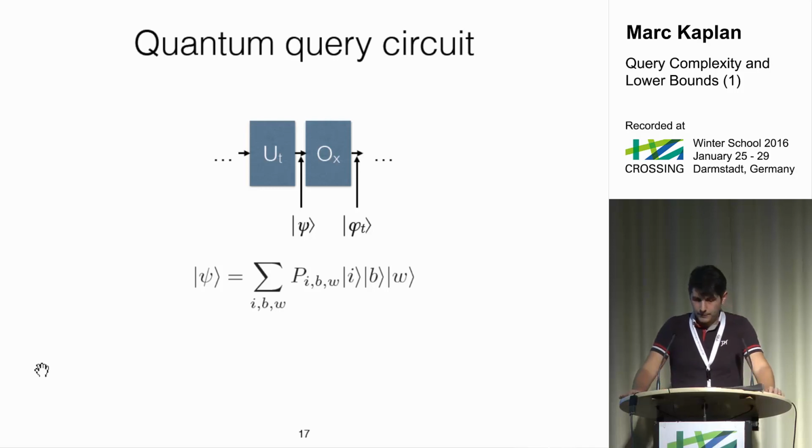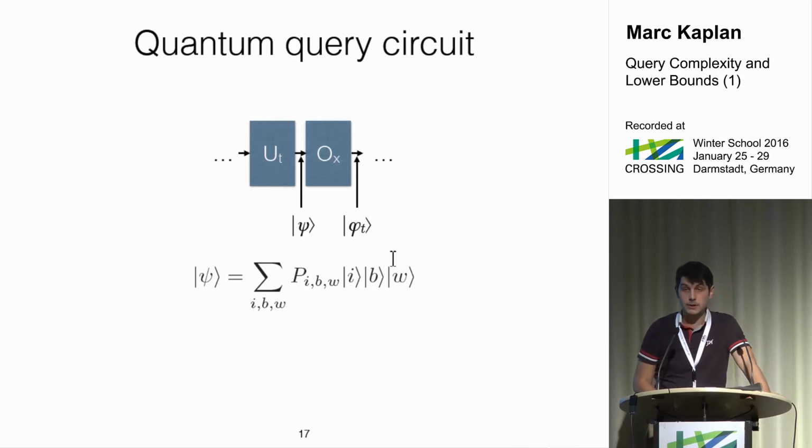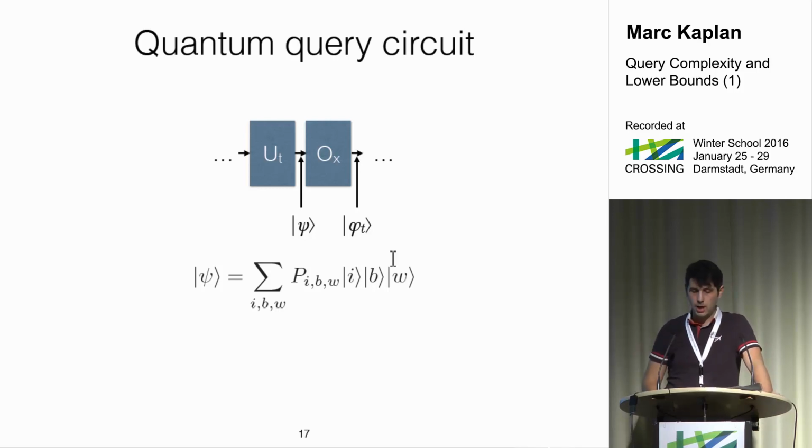Now if I zoom in on a small time step, what I want to look at precisely is what happens to this state when I make a query. Before the query, without loss of generality, I have this superposition. I is the index that I'm going to query, B is the bit that is supposed to receive the answer, and W is just some working register.